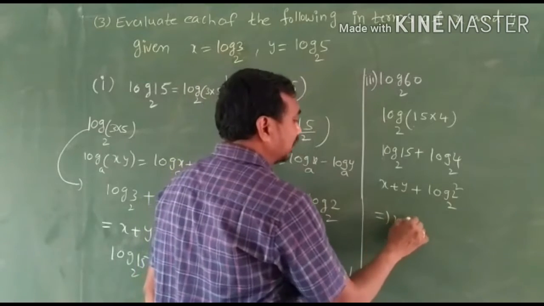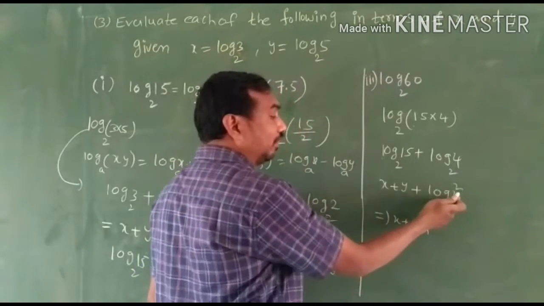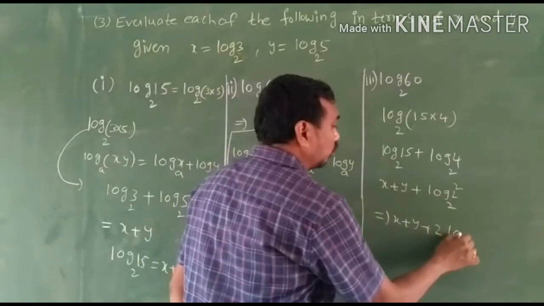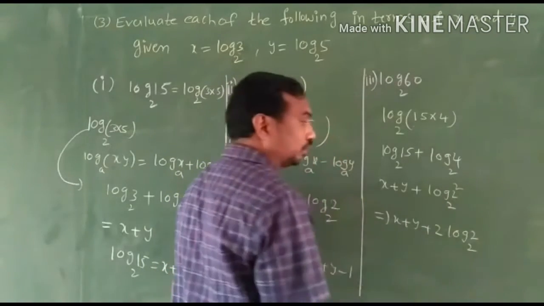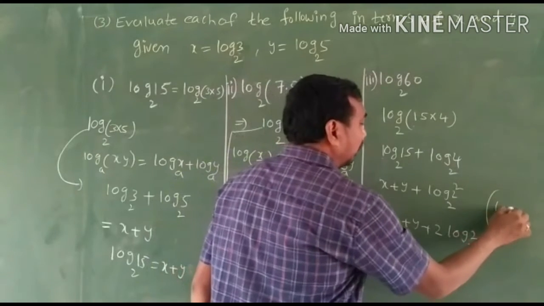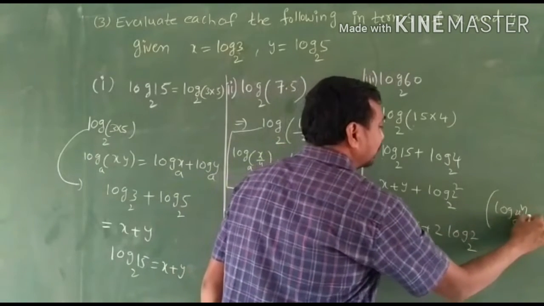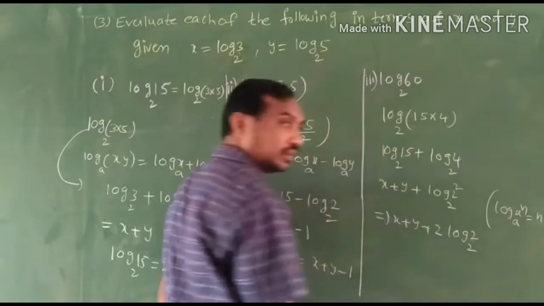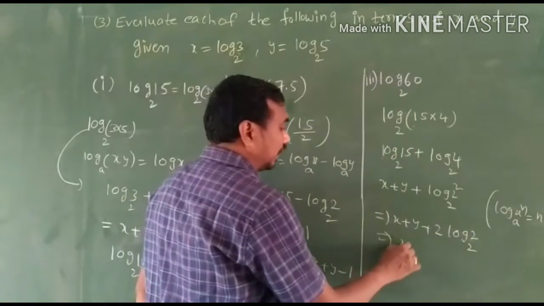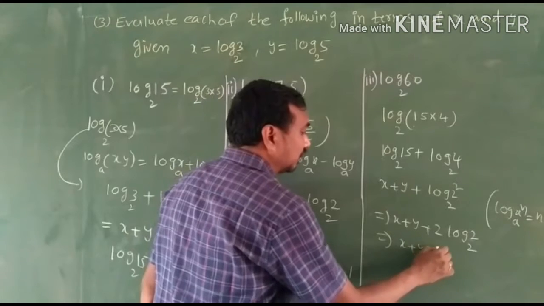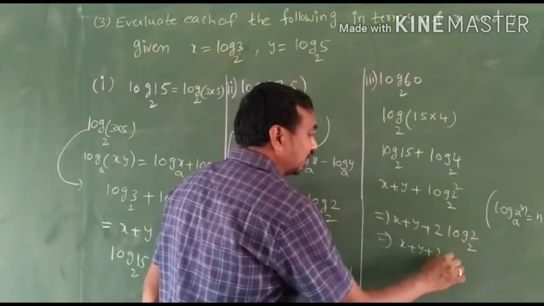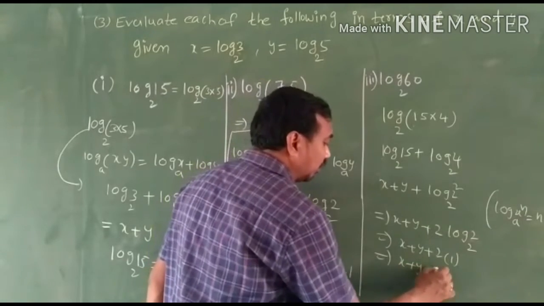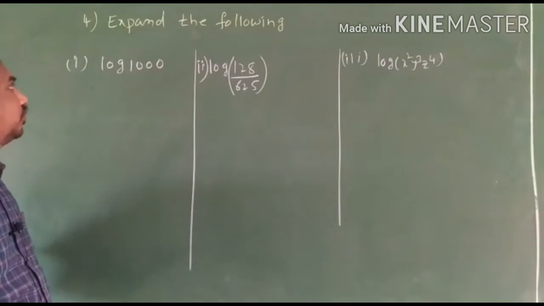Now this is the form of the power rule, log x power n to the base a equals n log x base a, that is 2 log 2 base 2. So that is x plus y plus 2 into log 2 base 2, which is 1. The answer is x plus y plus 2.